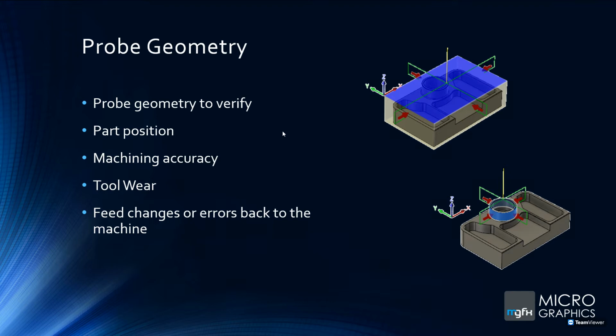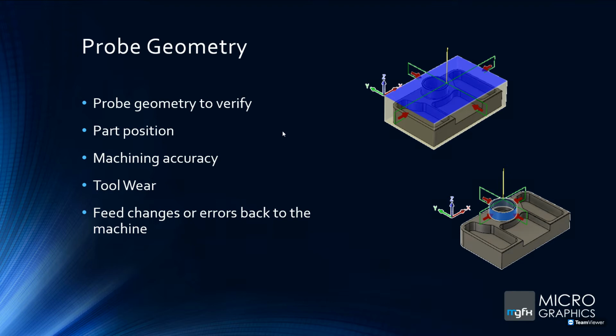In the case of this, we can set up your probe geometry. The top image there is probing the outside faces of the component, and it's then finding the part position. And this can then check to see if your part is in position where it expects to find it on the machine, or if that part is out of position.